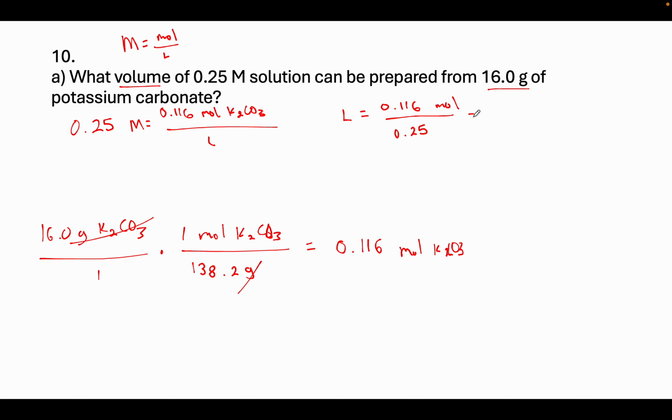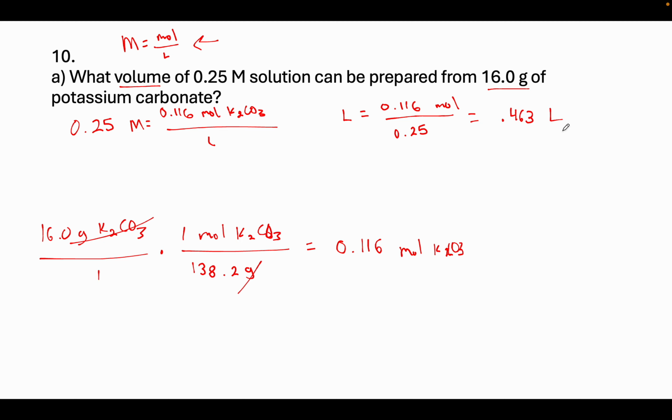If we plug that into a calculator, 0.116 divided by 0.25 gives us 0.463 liters. Remember, this formula is going to be measuring volume in liters.